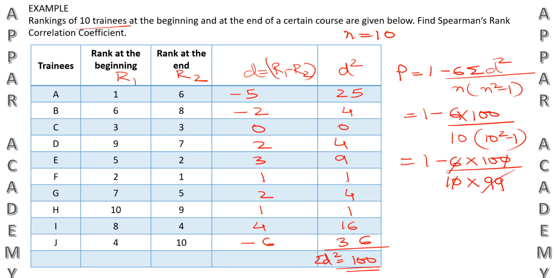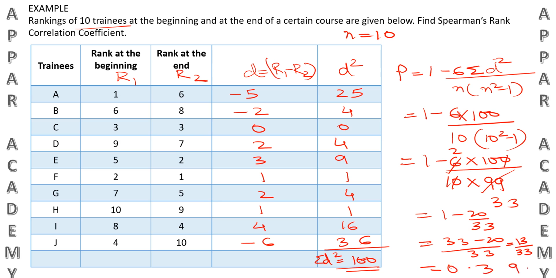This becomes 2 and this becomes 33. So this becomes 1 minus 20 by 33, which is equal to 33 minus 20 upon 33, which is equal to 13 upon 33, and this is equal to 0.394. Right? So this is how we find the Spearman's rank correlation coefficient.